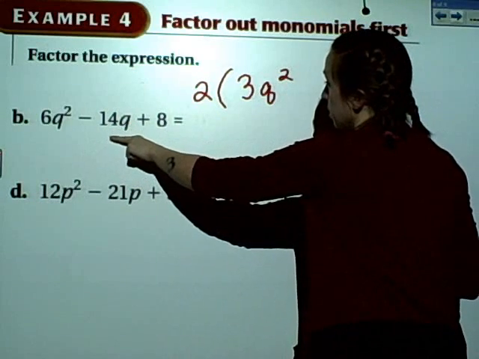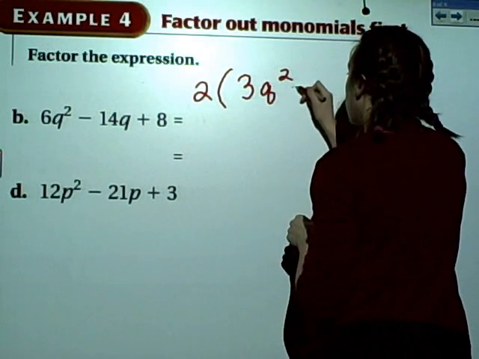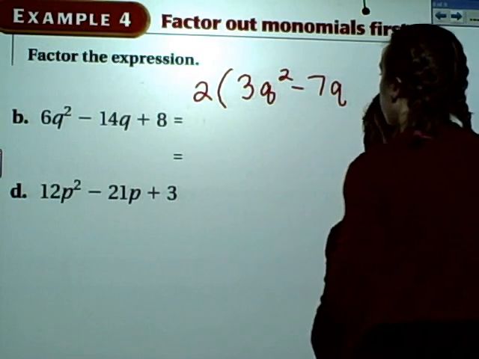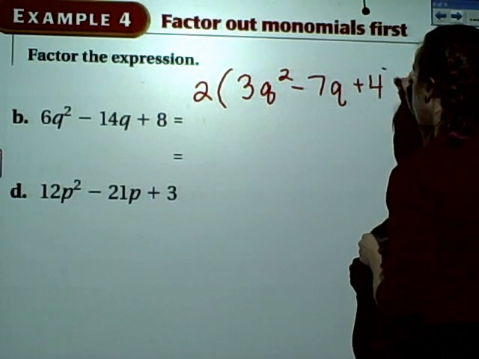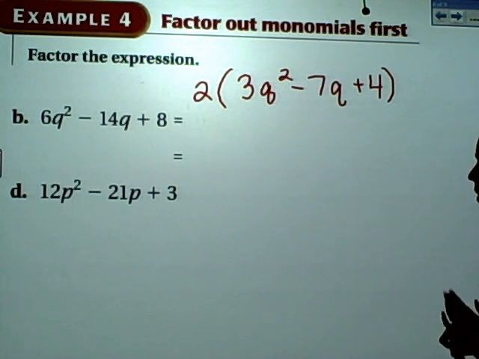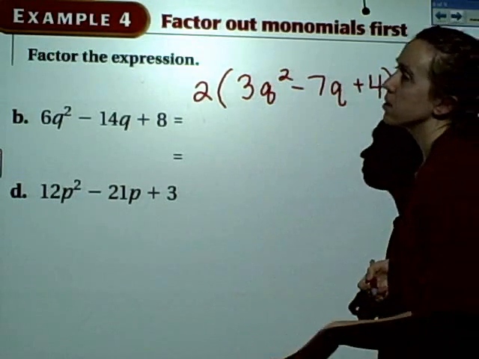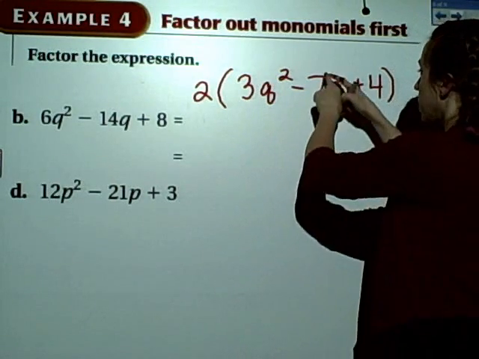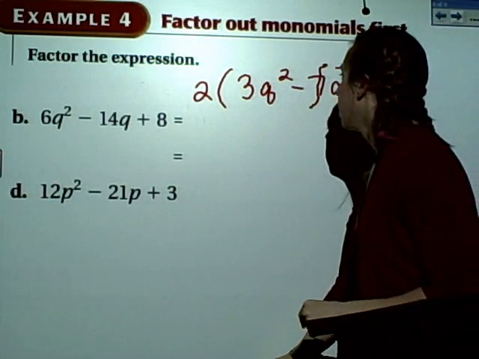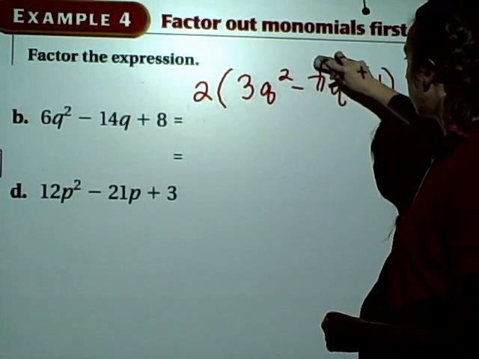Negative 14q divided by 2 is negative 7q. 8 divided by 2 is positive 4. So now I have made my factoring a lot simpler. Now I can kind of ignore that 2 and leave it there. And I can do my BAC chart for the middle there.